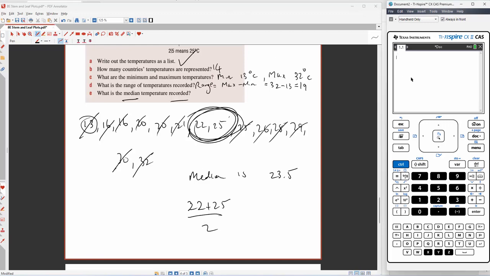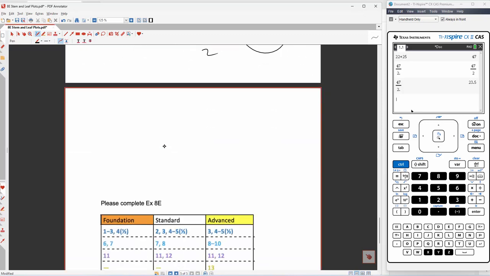So do that on the calculator, 22 plus 25, halve the result, and I want to get a decimal approximation, 23.5 as I suggested. Alright, so there's our median temperature: 23.5 degrees Celsius.